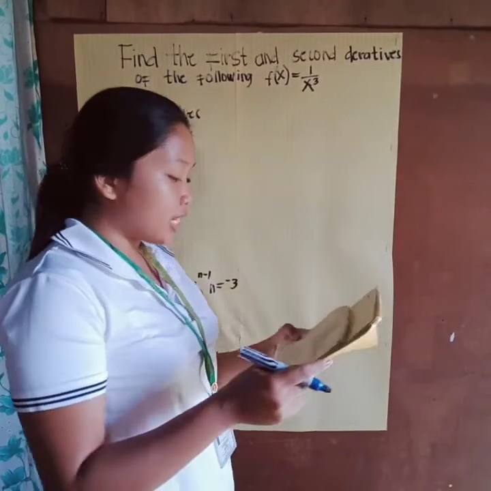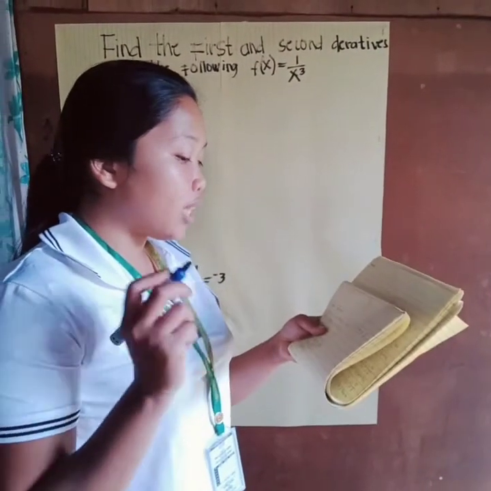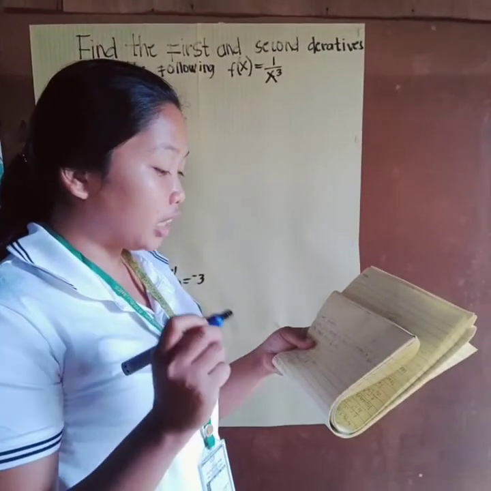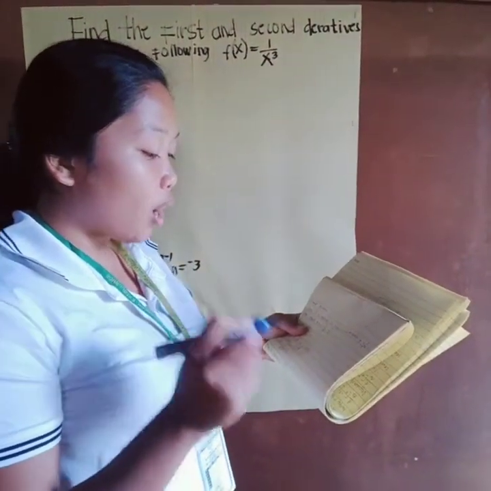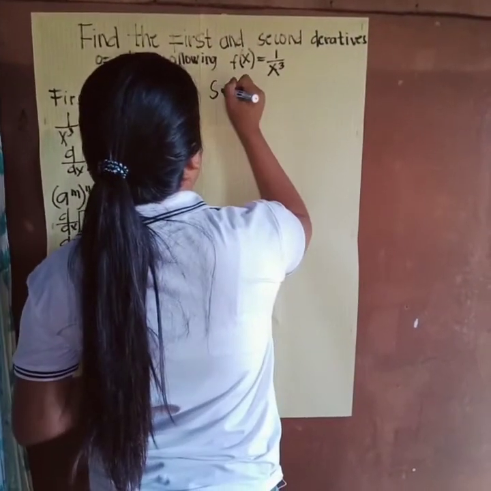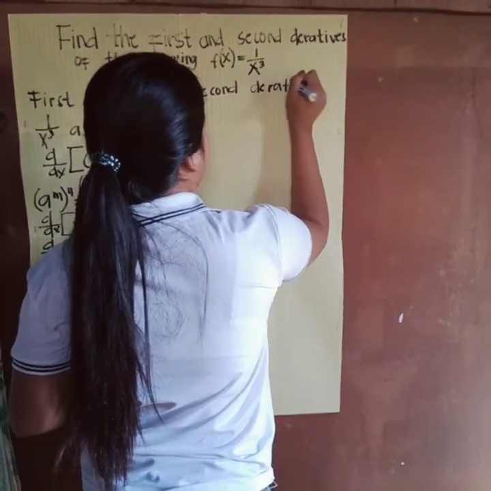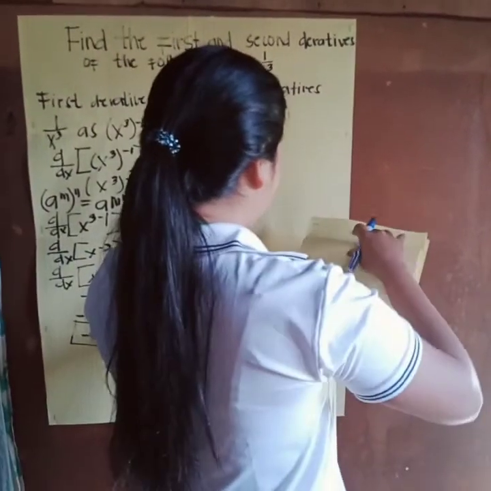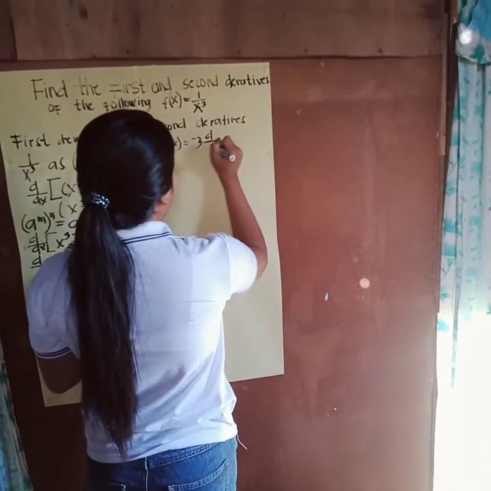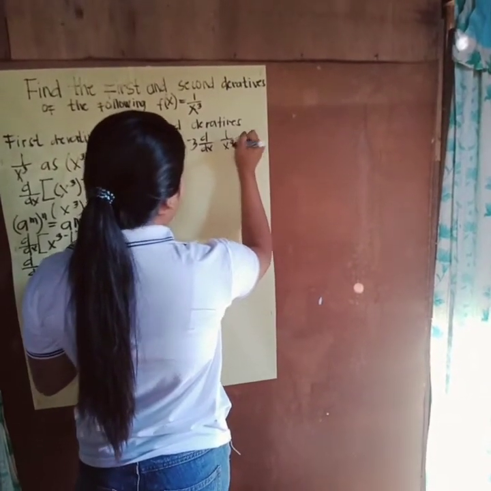Since negative 3 is constant with respect to x, the derivative of negative of 3 over x to the 4 with respect to x is negative 3 times d over dx of 1 over x to the 4.